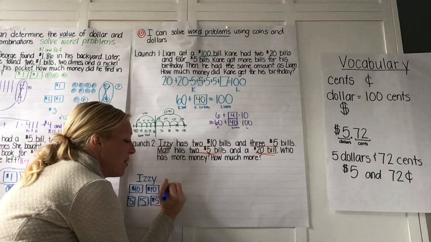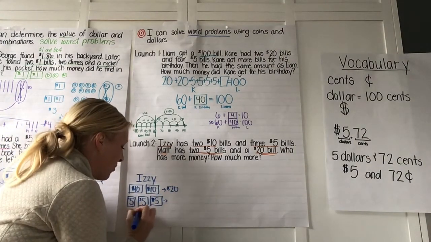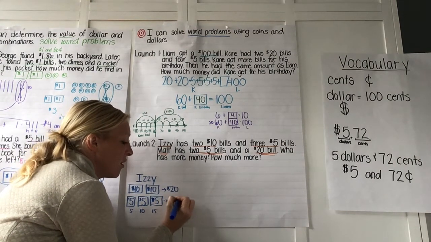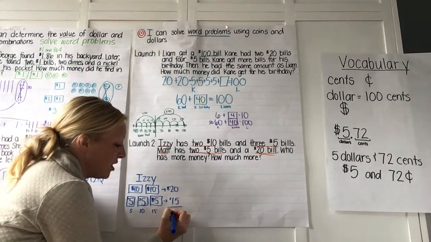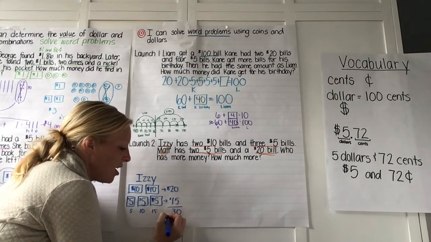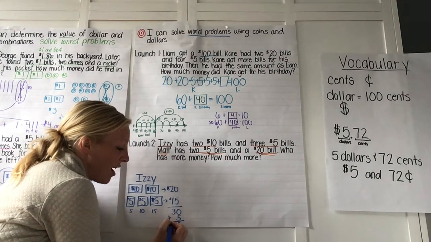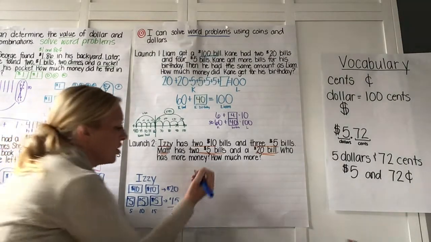Your two 10s made $20. I'm going to write it as you counted it, 5, 10, 15. And what did you notice? Okay, two 10s and one 10 was 30. And then you had 5 1s, and so you had $35, or Izzy had $35, okay? What else did you notice?